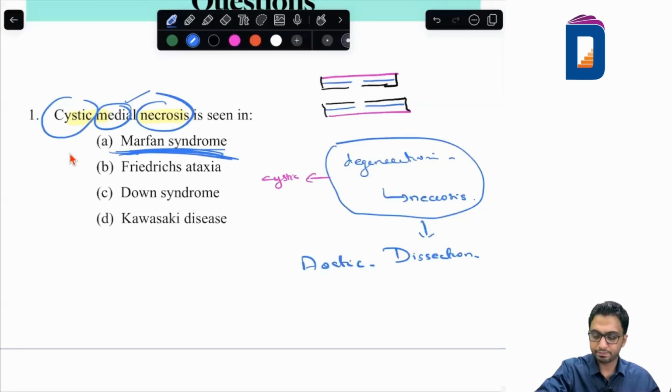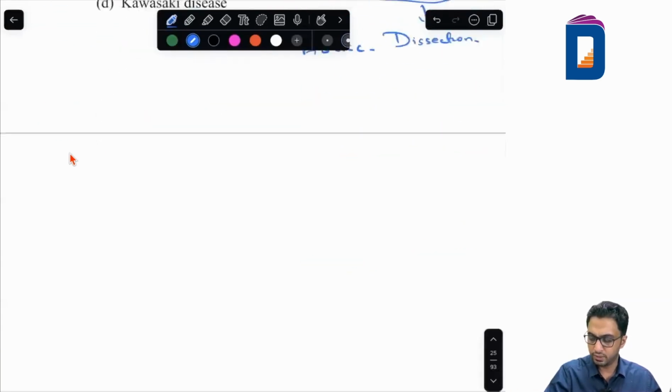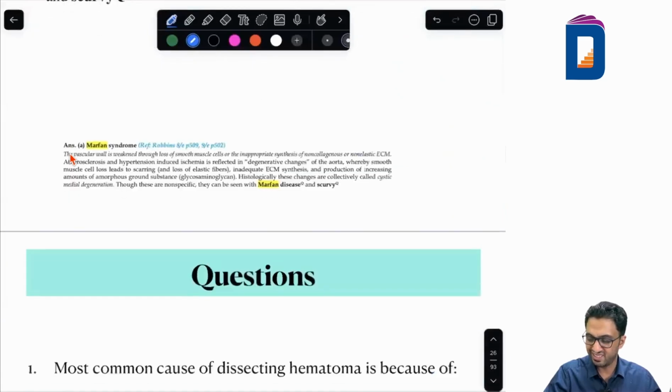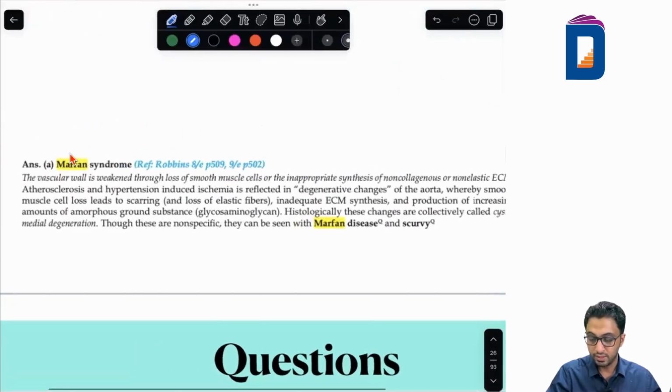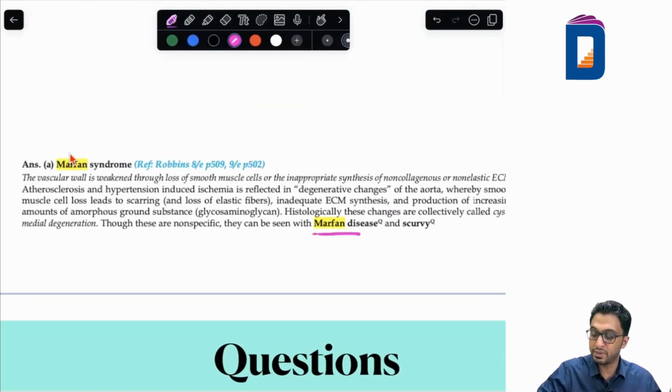Basically, it is also seen in other conditions. One statement I saw, taken from Sparsh Gupta, left me a little perplexed. It is explaining cystic degeneration and says this is seen in Marfan syndrome and scurvy.